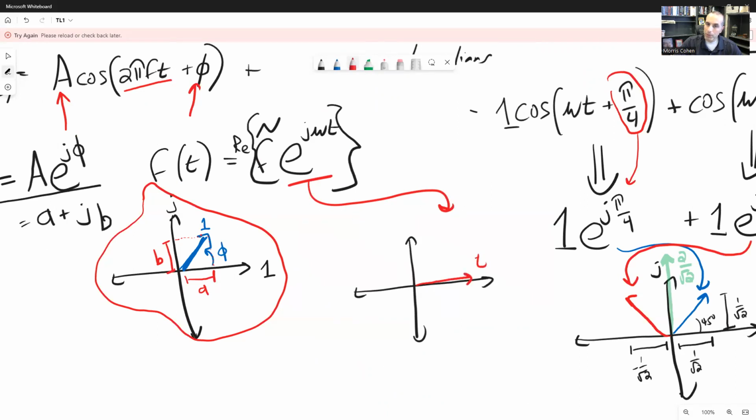All right, so this is t equals 0. And then as t increases, the phase factor is omega t, it's phi. So the phase with respect to the horizontal axis is increasing linearly with time. So at t equals some positive number, it'll be here, right? So this vector is rotating like that.